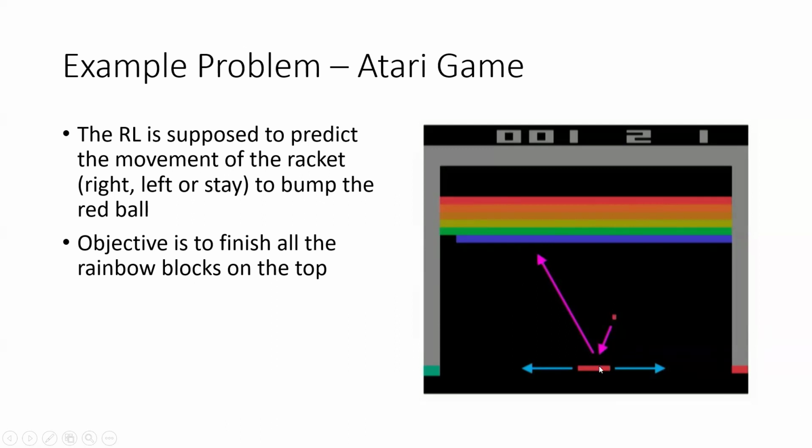So this dot will hit on this plate and bump on it and hit on these lines. When you hit on these lines, each of the block will get removed like this, right? So once you remove these blocks, you will get points, right?